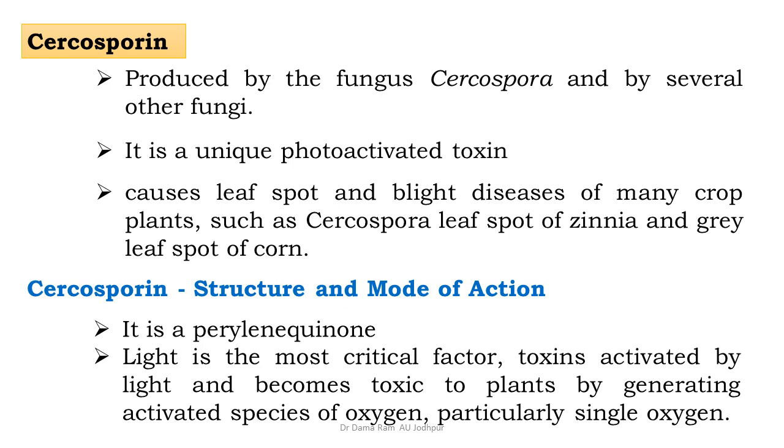If we see the structure and mechanism, it is a perylenequinone, and light is the most critical factor for activation of the toxin, because in the presence of light it becomes toxic to plants by generating activated species of oxygen, particularly singlet oxygen.